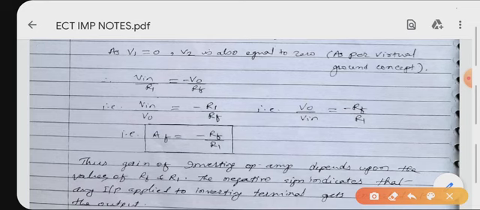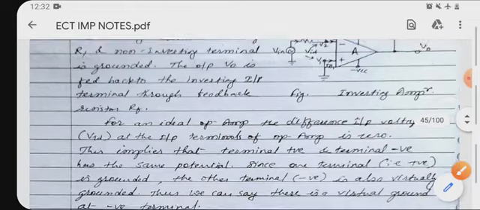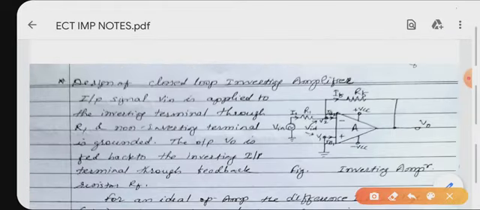If non-inverting terminal is grounded, that means connected to ground or it is equal to 0, the other terminal, inverting terminal, is also virtually grounded, that means same voltage is present at that other terminal also. So delta VID, that means difference input voltage, is equal to 0. Okay, you can see the circuit diagram again to understand the virtual ground concept. Here, if one terminal, that means this positive terminal, is connected to ground, that means V1 is equal to 0 because it is connected to ground. V2 is also considered as it is connected virtually to the ground.